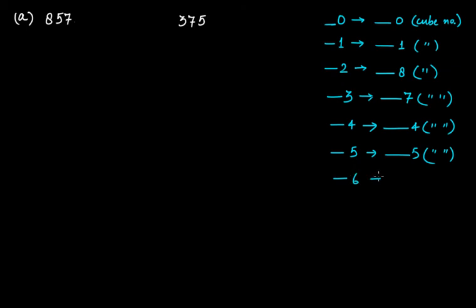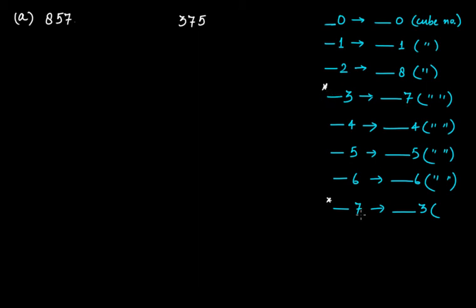Same thing for 6. Now again things change. When the number ends in 7, the cube number ends in 3. It's just the reverse of this. Here the relation is 3 to 7, and now the relation is 7 to 3.